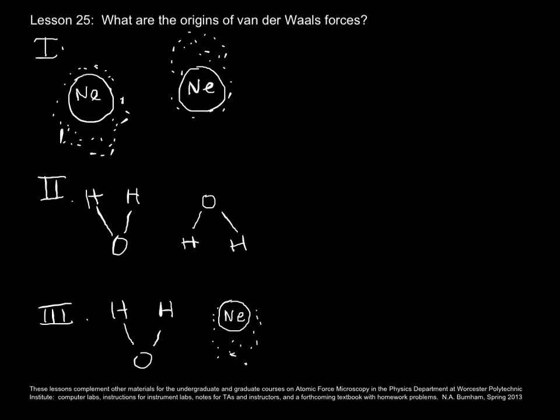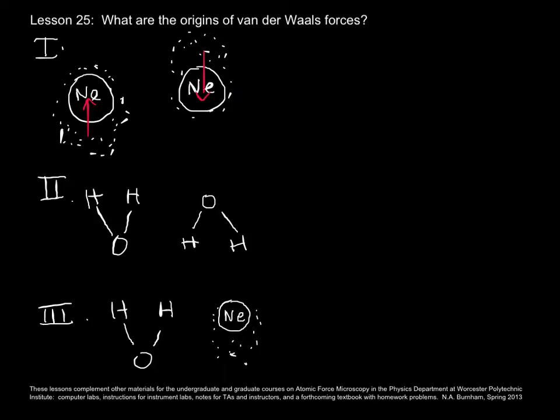Here are the 3 types of interactions that are the origins of van der Waals forces. So if we have polarizable molecules, or atoms, as all atoms are, in fact, then as the electrons around them fluctuate back and forth, which is something they naturally do at frequencies of 10 to the 14th times per second, then we would draw dipoles like this.